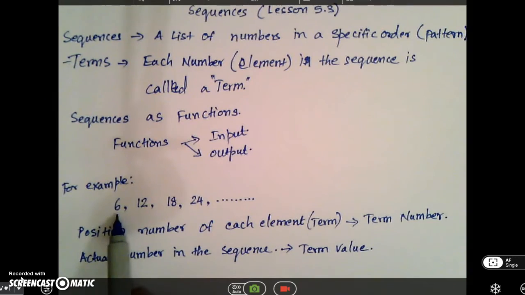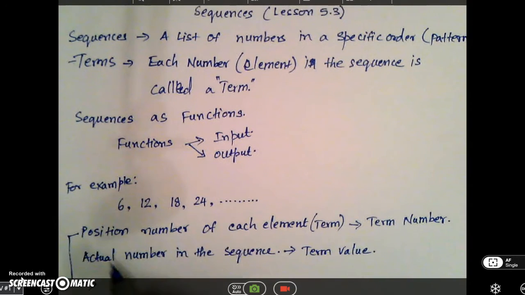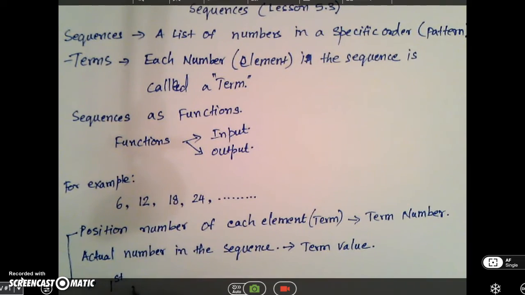The term number is the position of each number in the sequence. Say 6 is in the first position, 12 is in the second position, 18 is in the third position, 24 is in the fourth position, and it goes on and on. So it's where the number is in that long line of numbers. The position number is first, second, third, fourth.